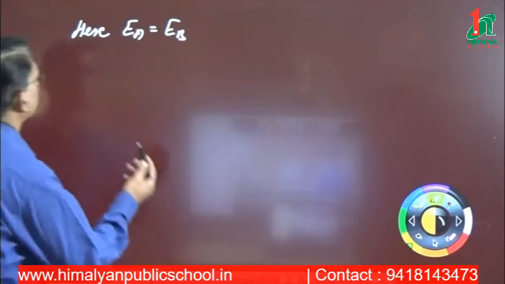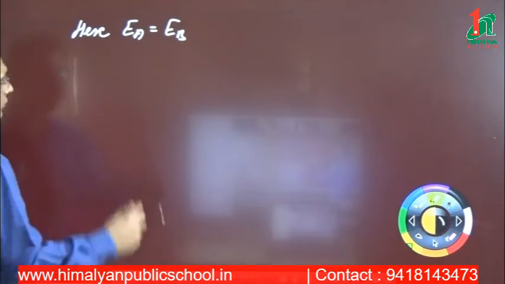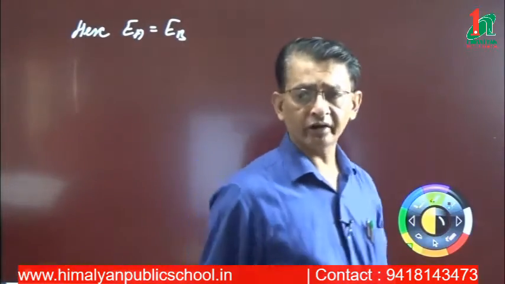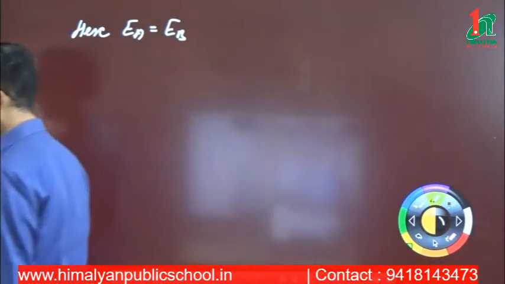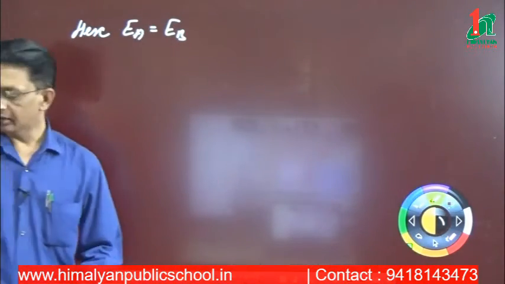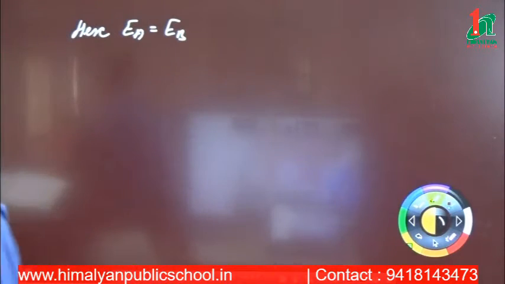So write down: the vertical components of EA and EB are equal and opposite. Hence, they will cancel out.